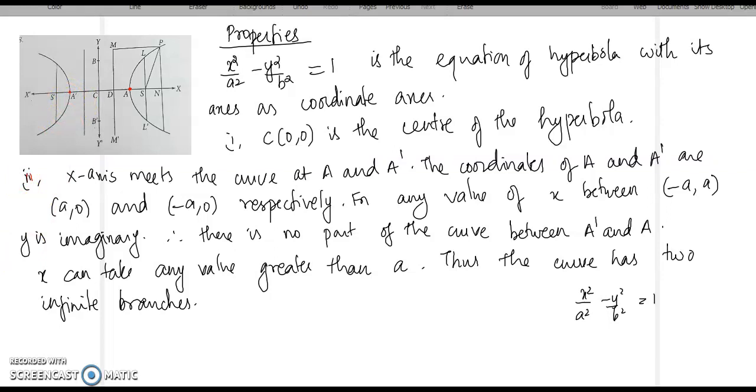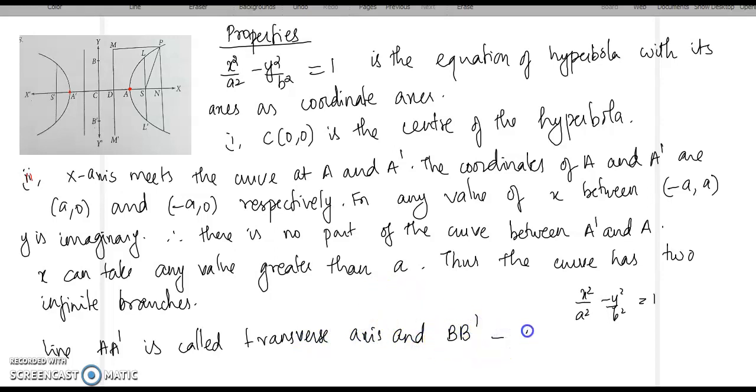So that is the structure of the curve. And the line AA dash is called the transverse axis, and here the line BB dash is called the conjugate axis.